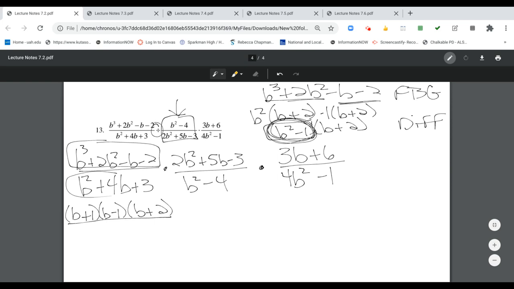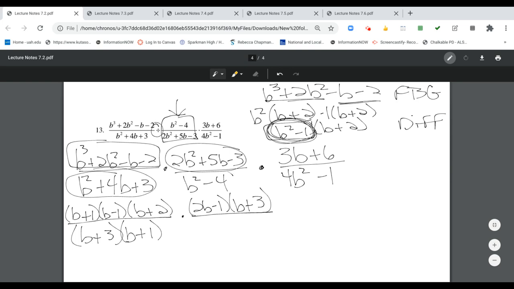Now, moving on to the denominator, I get b plus 3 and b plus 1 when I factor b squared plus 4b plus 3. Now, on to the second fraction. When I factor the numerator, I get 2b minus 1, and I get b plus 3. This is a difference of squares, so my conjugate factors are b plus 2, b minus 2.